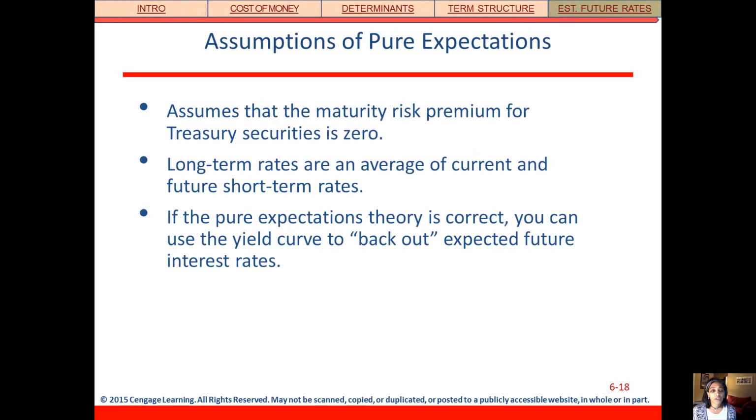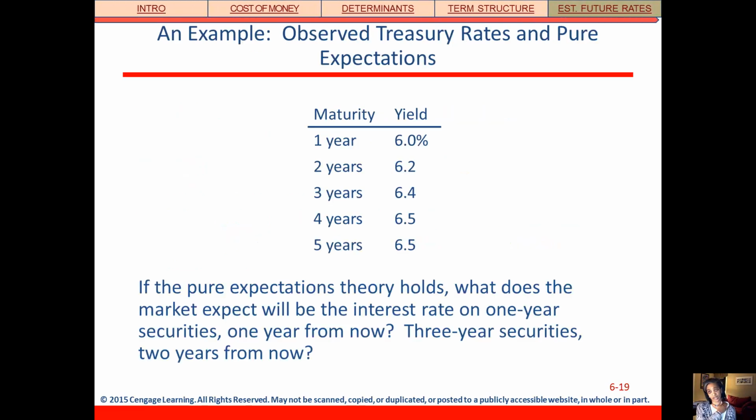This theory assumes that the maturity risk premium for Treasuries is 0, and that long-term rates are an average of current and future short-term rates. So if this theory holds, then you can use the yield curve to figure out future interest rates.